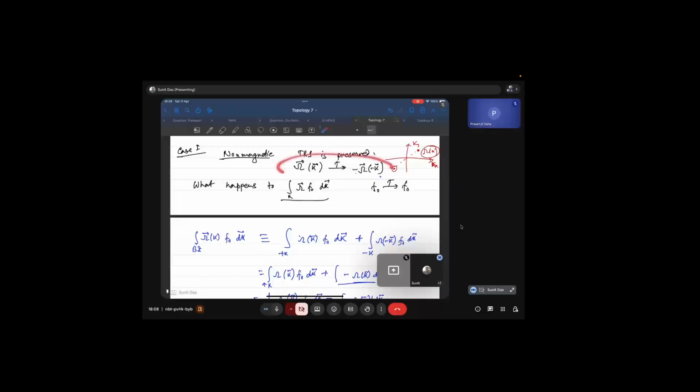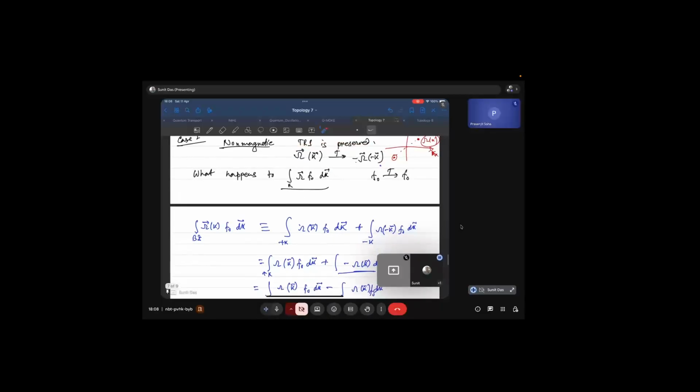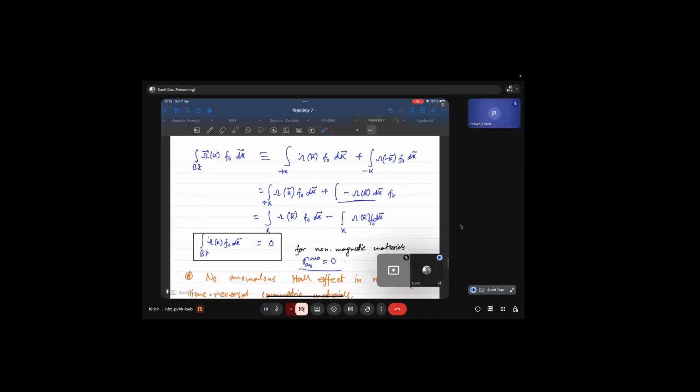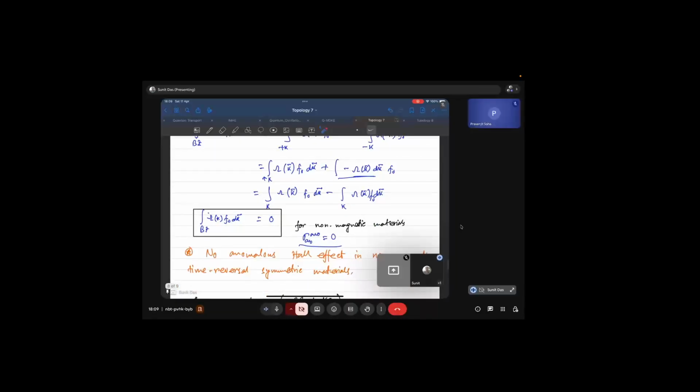Because of this symmetry, whenever there is time reversal symmetry present in the system, the integration of the Berry curvature over the whole Brillouin zone identically vanishes. This means that there is no anomalous Hall effect in a non-magnetic system.